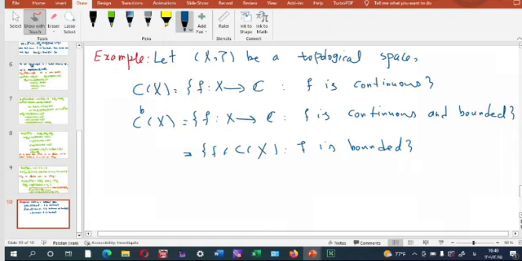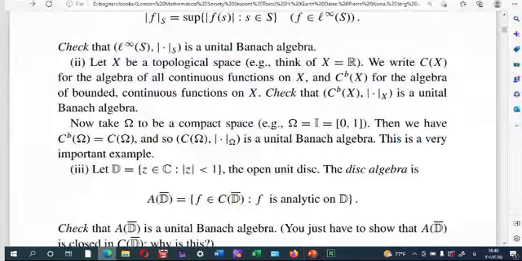Now we can define the supremum norm on this space, similar to the previous example. Okay. This is a unital Banach algebra again.